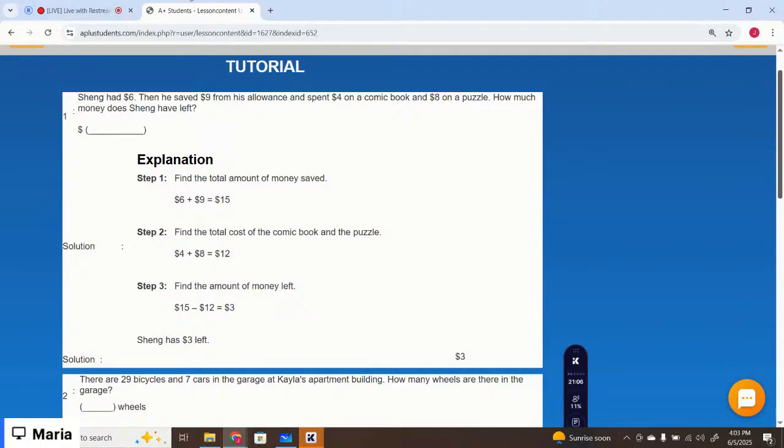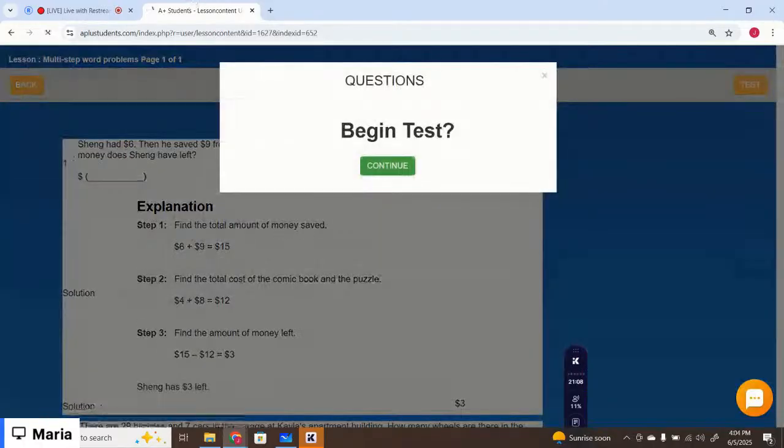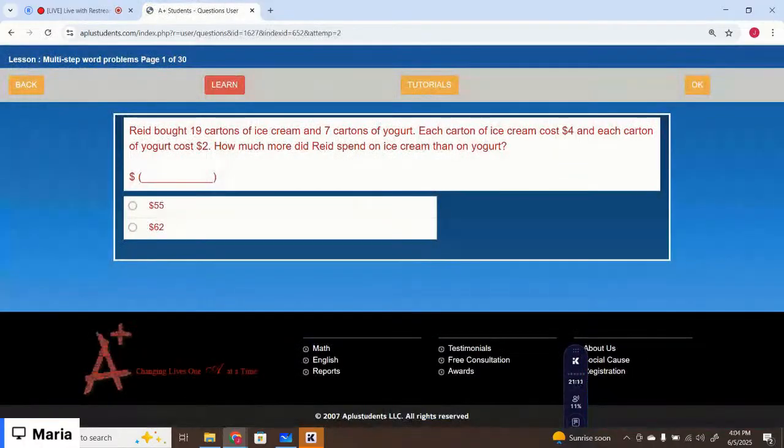Let's just start with the test questions. Wright bought 19 cartons of ice cream and 7 cartons of yogurt. Each carton of ice cream cost $4 and each carton of yogurt cost $2.